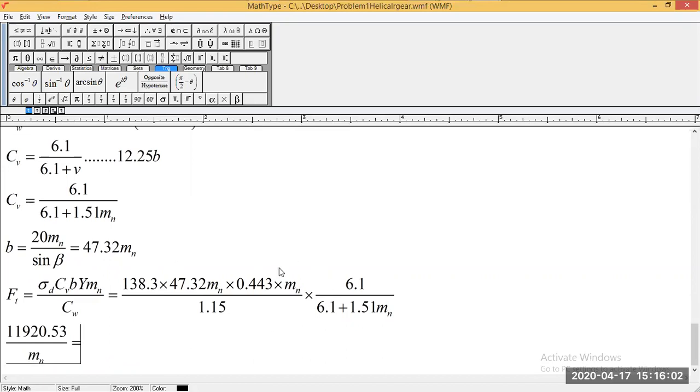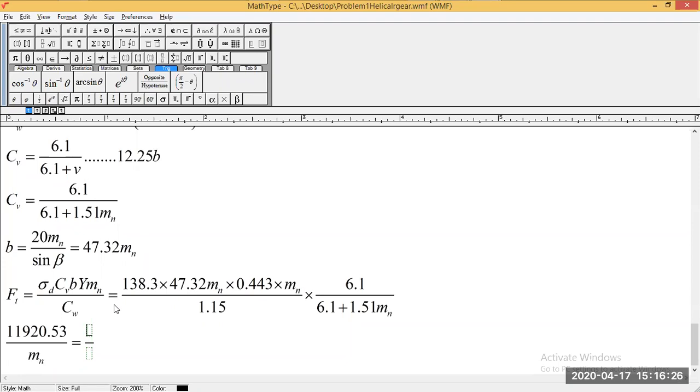So it is 138.3 times 4732.443 to 6.1. You can calculate parallel to what I'm doing and tell me if I'm making any mistake.